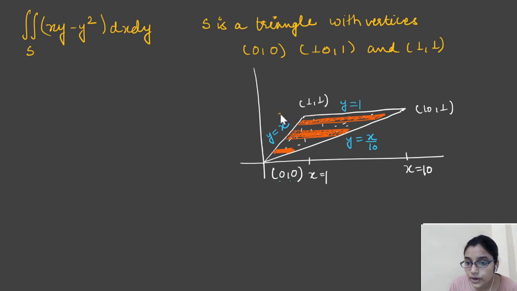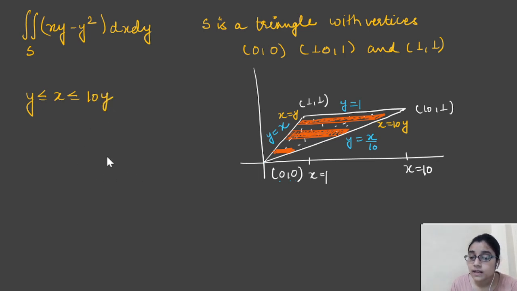This is going from x equal to y to x equal to 10y. Anywhere in this triangle, anywhere you draw this strip, it always goes from the left, that is the curve x equal to y, to the right, that is x equal to 10y. It means we got the limit of x as from y to 10y.